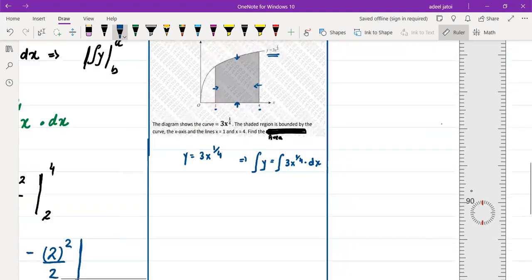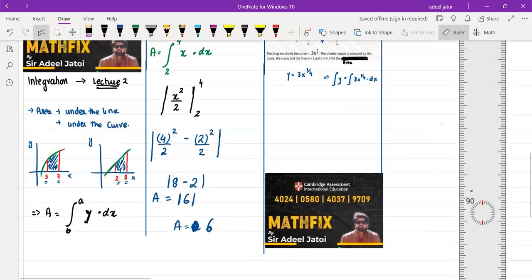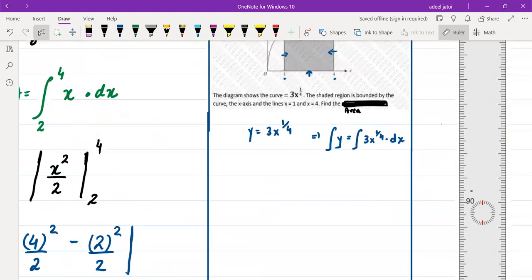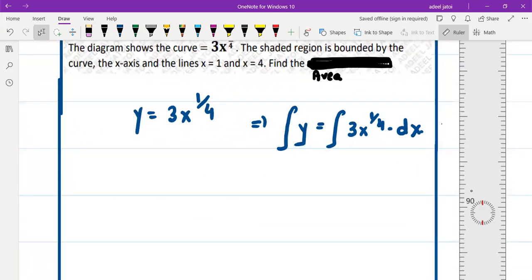The more important thing you need to understand is that whenever we need to find the area, we will be integrating the equation of the curve. That means the equation of the curve is represented by y, or sometimes you will have the equation of a line, which you can integrate as well. But obviously that will be represented by y as well.